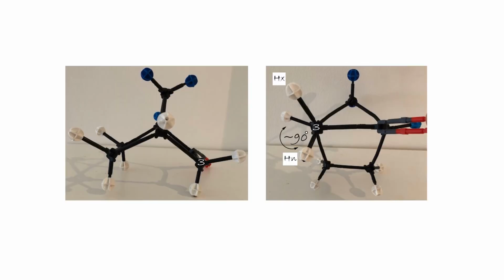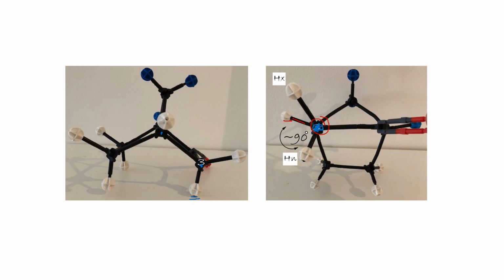Okay, building the model, this is C4, this is C3, I rotate to see the angle. Here is carbon 3, and in the back carbon 4, which carries this hydrogen.